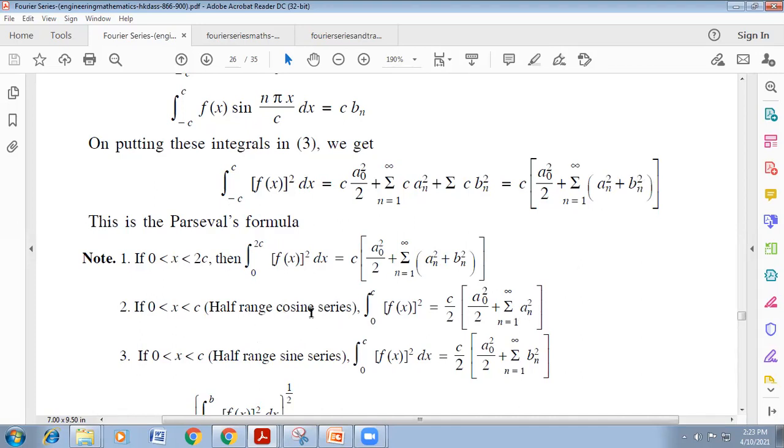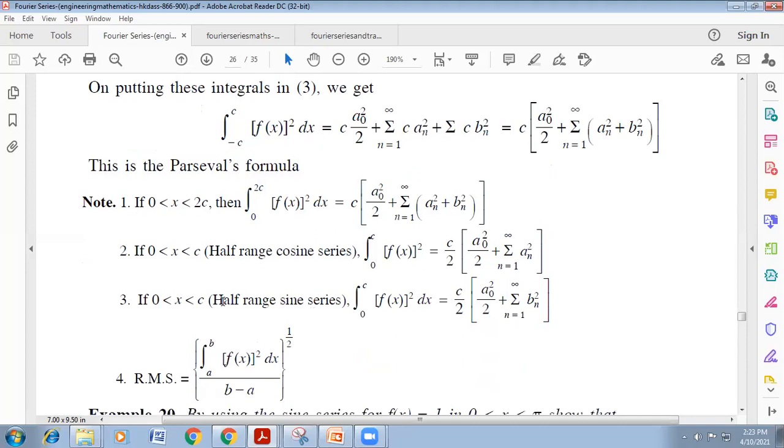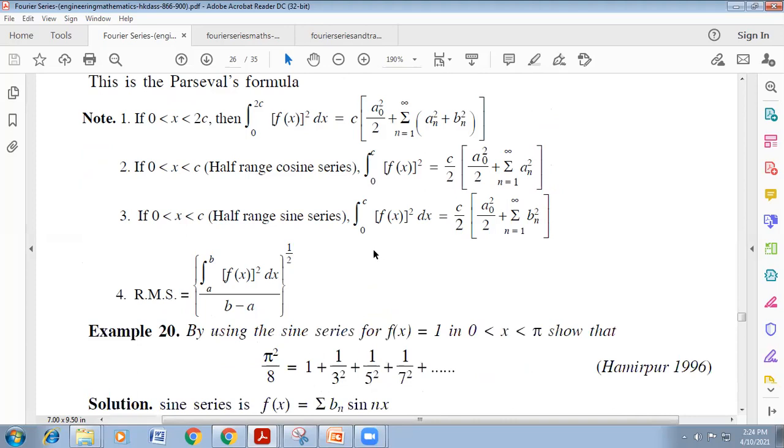For the half range sine series, a n will be absent, because a n is the cosine coefficient and b n is the sine coefficient, so the sine coefficient will be present for the half range sine series. So from Parseval's identity, we can write this for different domains.